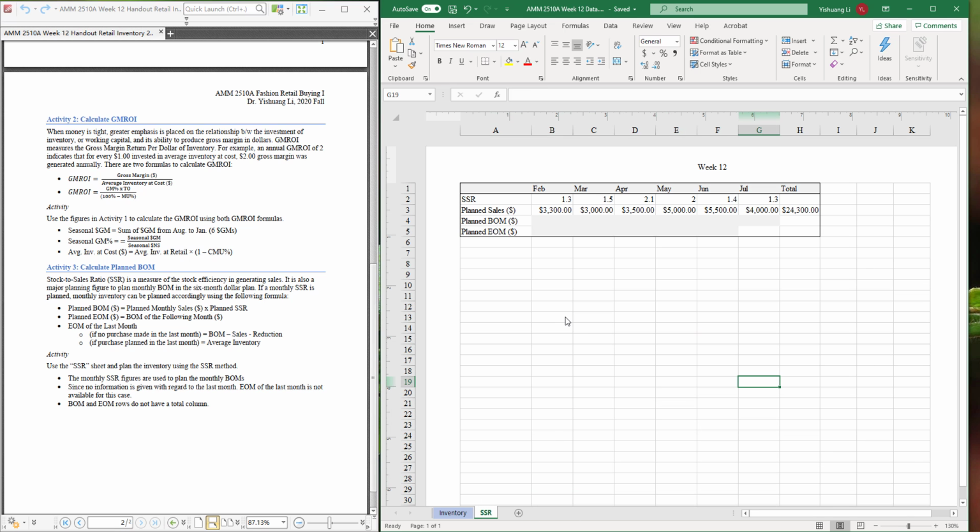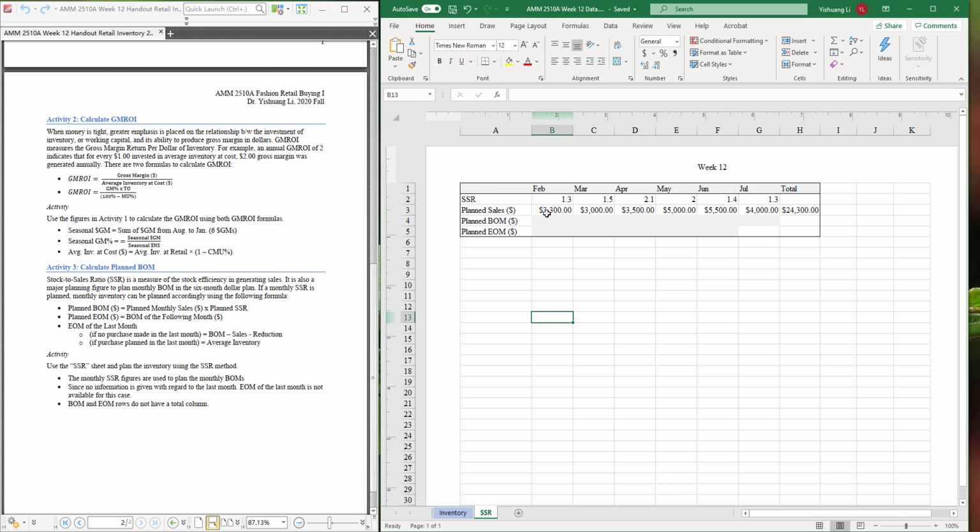The third activity, we are going to calculate planned inventory based on the SSR method. SSR measures a ratio between stock and sales.